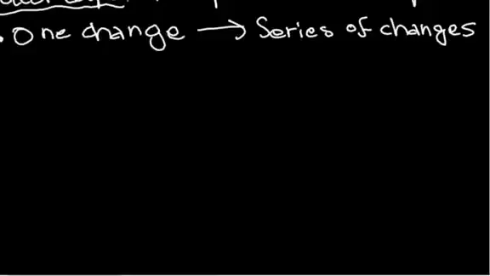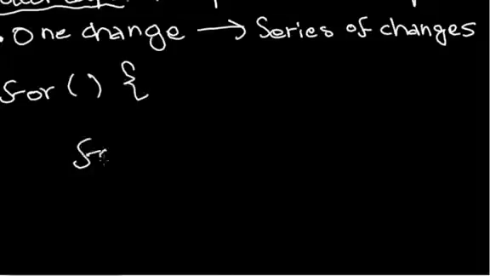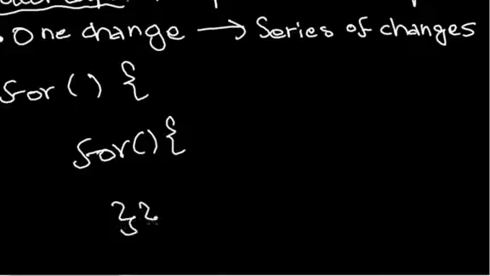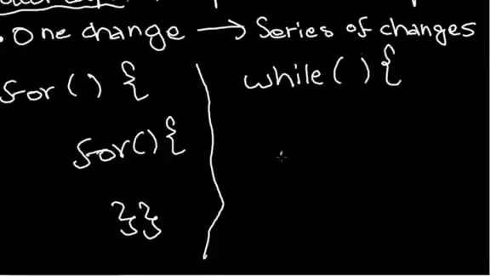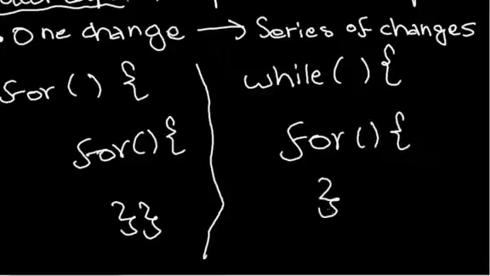One change can lead to a series of changes. So, what kind of loops can you put inside a nested loop? Well, you can have a for loop inside another for loop, or a for loop inside a while loop, or a while loop inside a while loop, or a while loop inside a for loop.